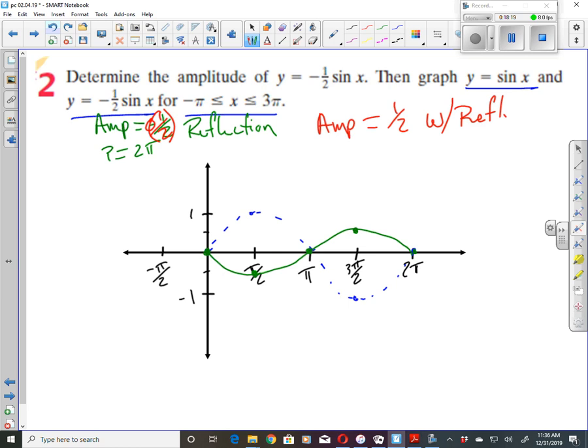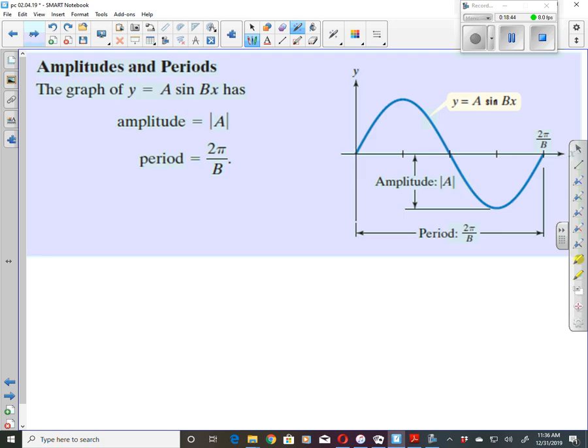So don't put the negatives in here with the amplitude. Make a note that it's a reflection, not a negative amplitude. Amplitude just means the distance from the equilibrium, or the x-axis in this case.